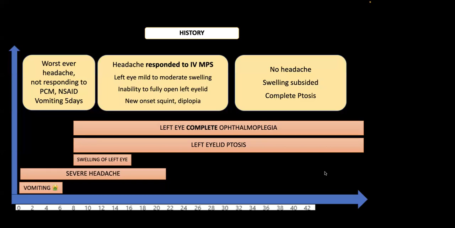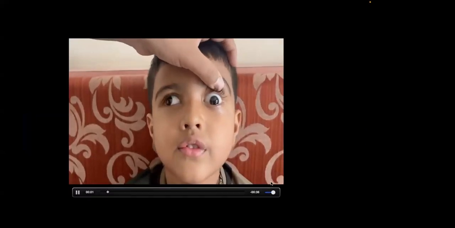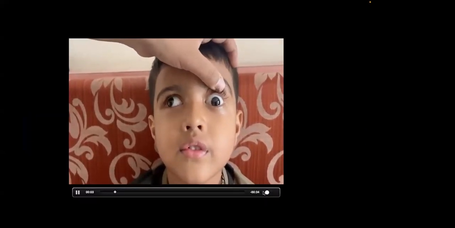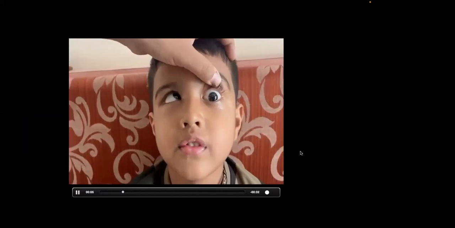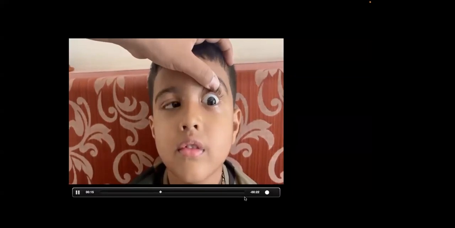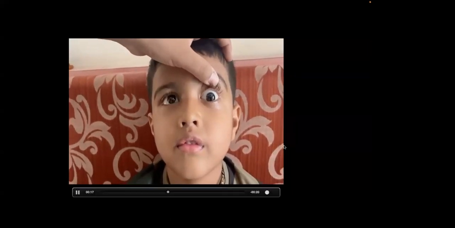So he underwent a few workups, and he presented to us at around 40 days of illness. This is after receiving the methylprednisolone. You can see that the right eye has complete movement, and in the left eye only slight movement is present.